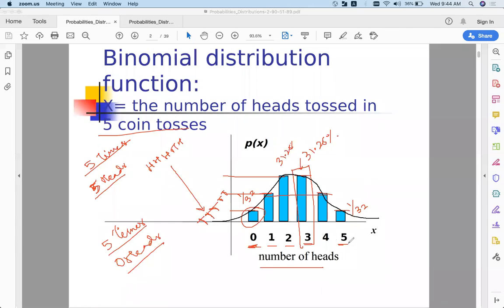So let's say this is 6 coin tosses. Let's say if we take 7. How will the graph look? When you flip a coin 7 times, what is the probability that you have 0 heads, 1 head, 2 heads, 3 heads, 4 heads, something like that, right?